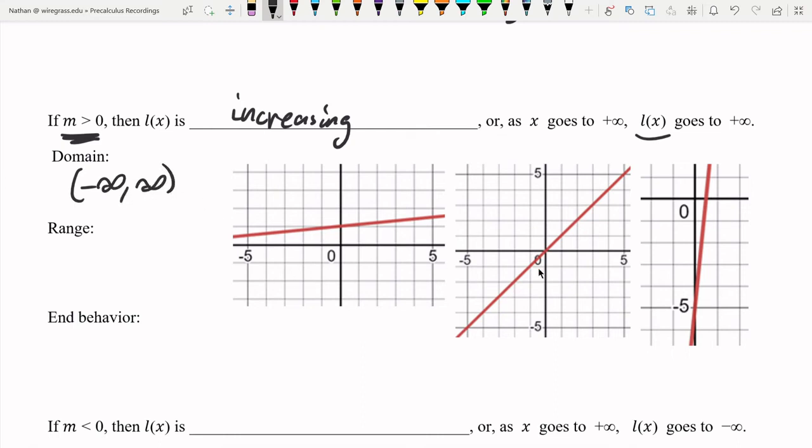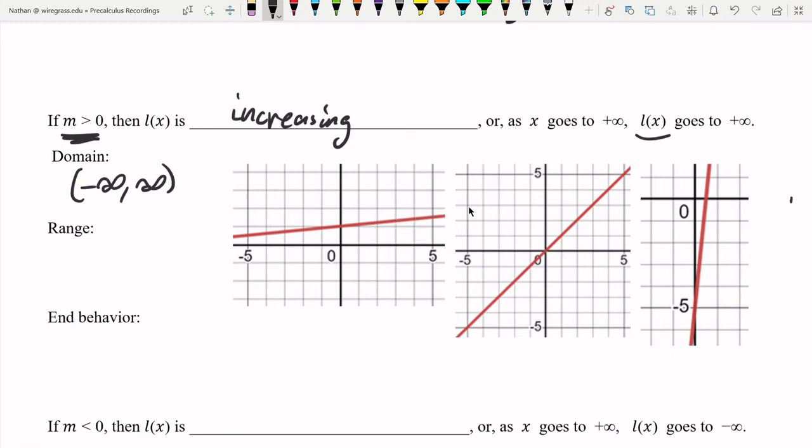You can see there's no break. This one looks like it might not reach all the values, but of course it does. You just have to zoom out far enough, and a value way over here, this function will eventually cover. The range goes all the way up to positive infinity.